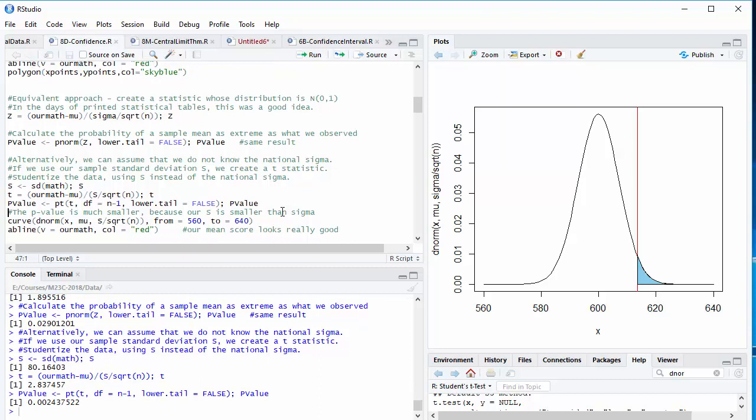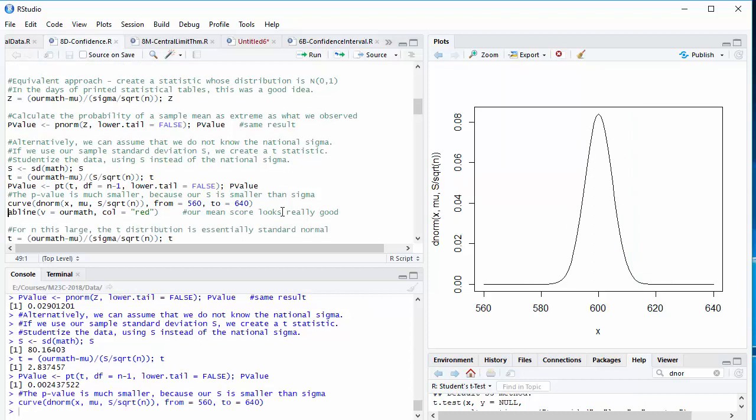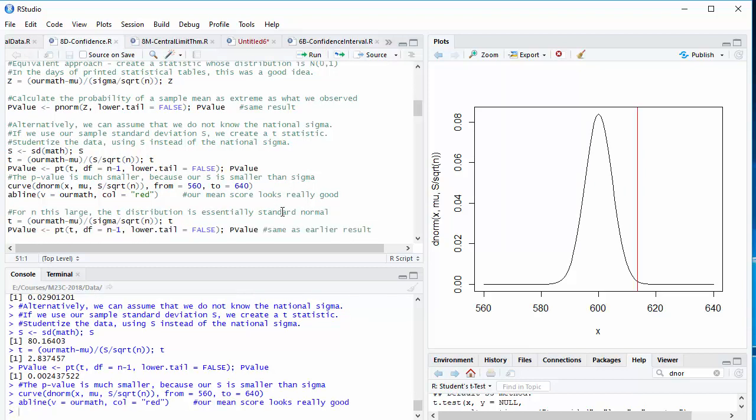We get the p-value. I first looked at that and I thought, oh, it's the same, and then I realized there's one more zero after the decimal point. This is smaller by a factor of 10, and the reason is we're using a significantly smaller variance now. If I plot the normal distribution using a standard deviation of 80 rather than 120, our school's mean score looks really good.